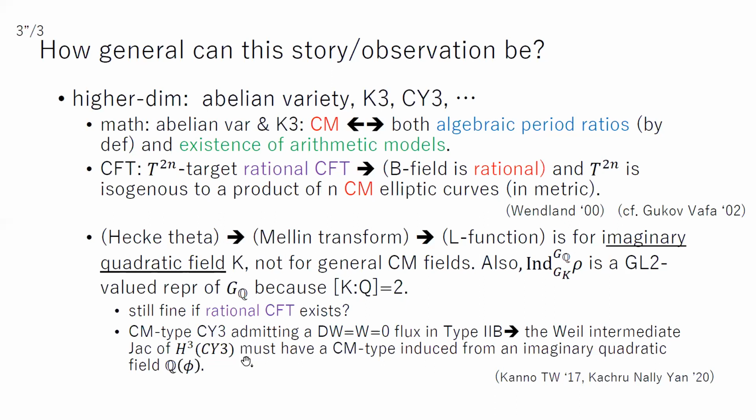So at least in that class of target space Calabi-Yau threefolds, the imaginary quadratic field K is relevant as a reflex field. And so this specific relation may be relevant, I don't know. It's an interesting question, but I have not worked hard enough so far. So this is still an open question to me, an interesting question to me.